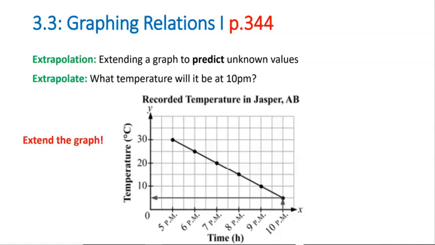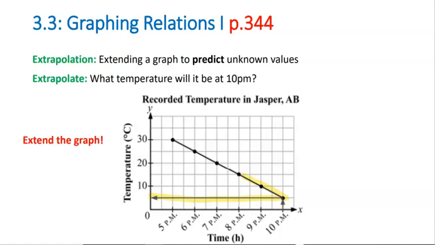Now, if you remember, our graph finished over at 8 p.m. And so we could then either continue to draw if somebody asked us what temperature will it be at 10 p.m., or we could let our eye go down, kind of draw with our eye, and then see that we hit a temperature of 5 degrees.